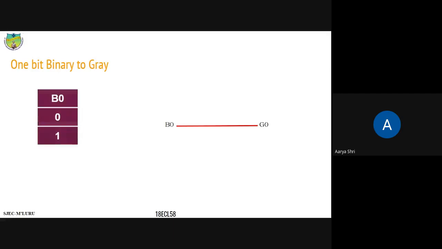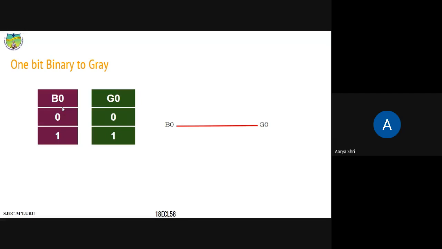Now let us consider first 1-bit binary to gray conversion. In this case, I have taken the binary number to be B0, and let G0 be the output gray code. If the binary bit B0 is equal to 0, then at the output you will get G0 equal to 0 itself.